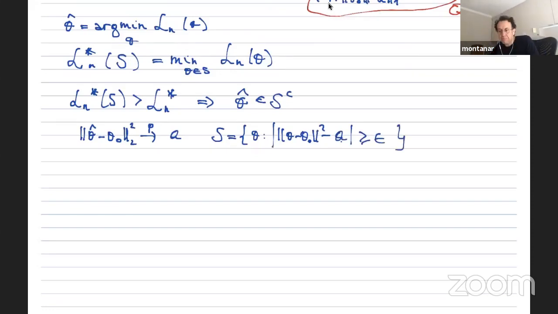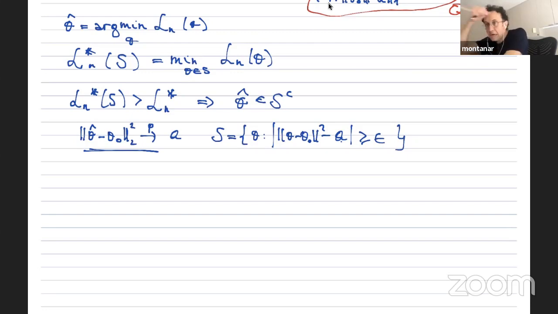By proving that the minimizer in this set is bigger, I can prove this kind of convergence theorem. Okay, so this is the basic idea of how this is done.